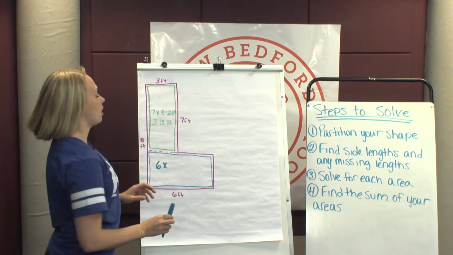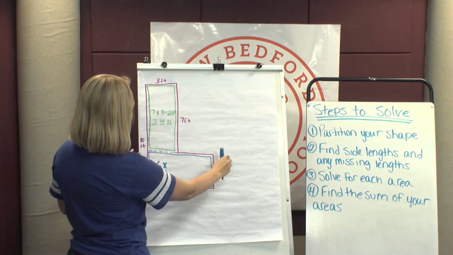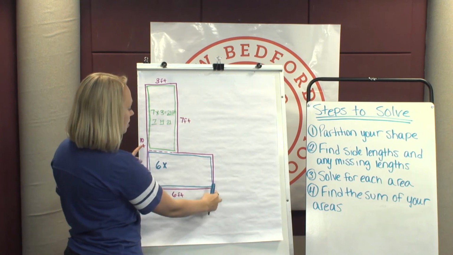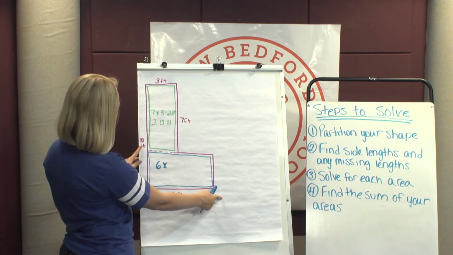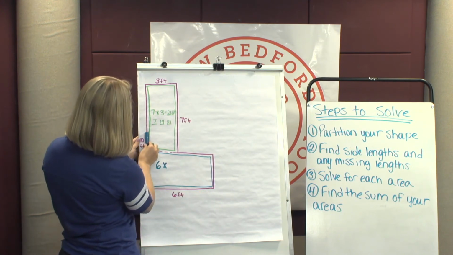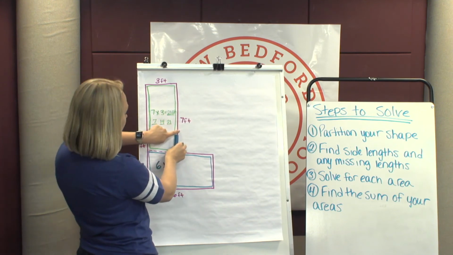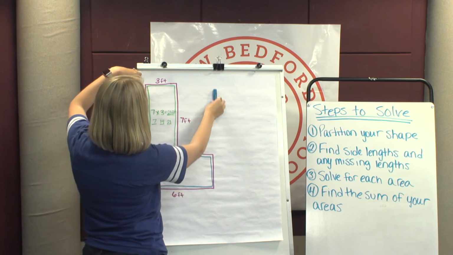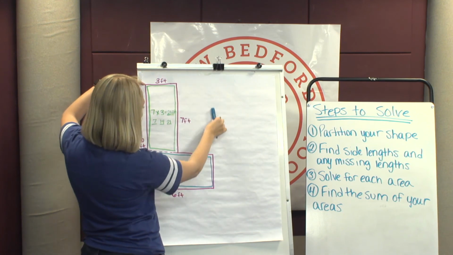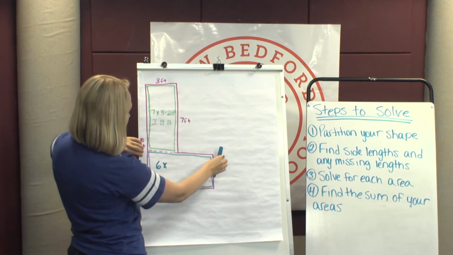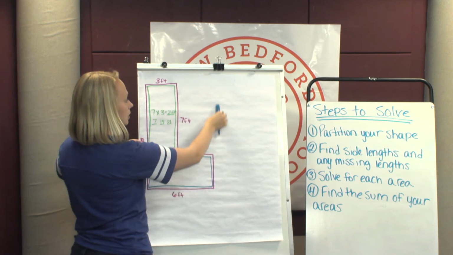The way that we solve this is we look at the side that we're missing. So we're missing this length right here. I see I have a whole side of 10, and when I move across, I see a side with 7. I know that my entire shape, if it was one whole rectangle, would have 10 feet going across this side as well.